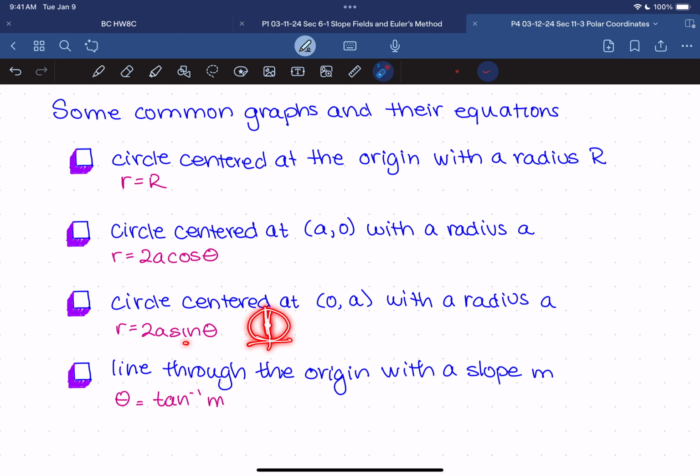If it's sine, it's along the y-axis. And then anything with theta equals a constant is just a line with a slope of m. And so there you go. Those are just some nice ones to know. These especially are going to come into play in the next section that we do.